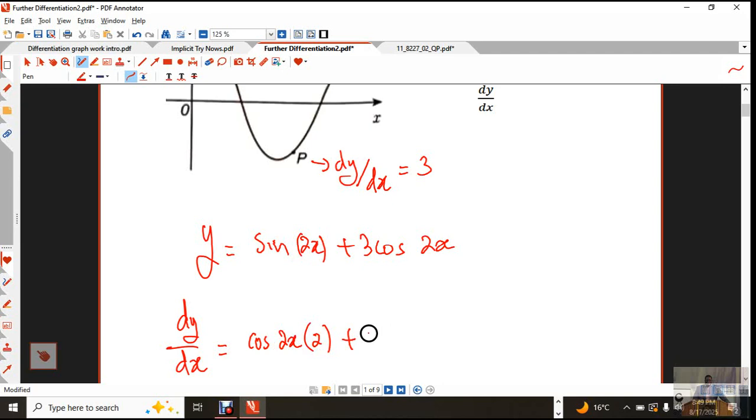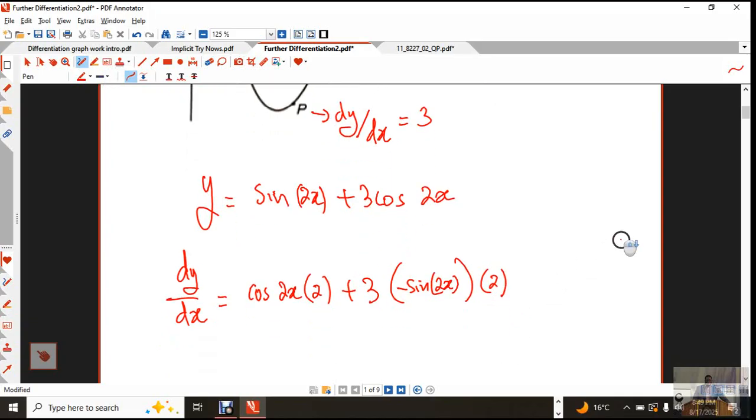Then plus 3 times the derivative of cosine, which is minus sine of 2x, multiplied by the derivative of 2x, which happens to be 2. At this point I do expect you to know how to differentiate trig functions.